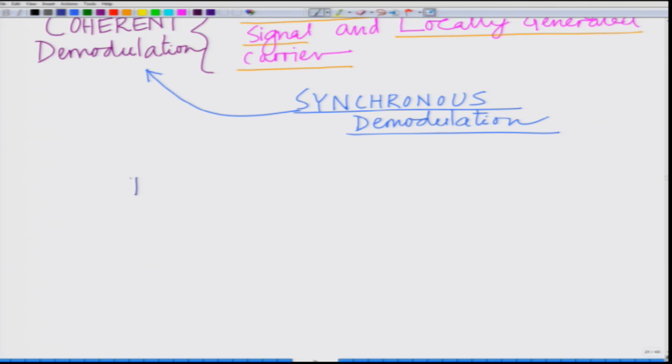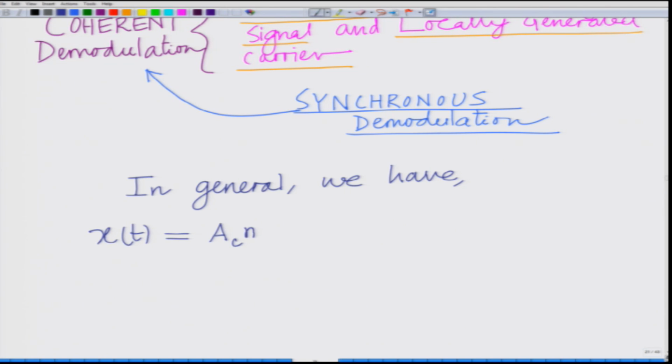So, let us take a look at this. In general, we have x(t) equals A_C m(t) cosine 2 pi f_c t, and the other is cosine(2 pi f_c t plus phi).